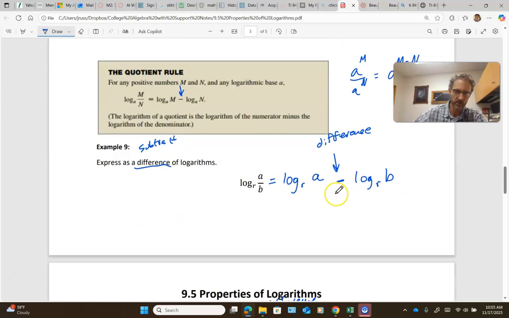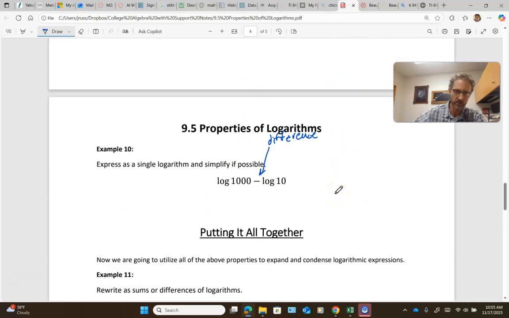So now we're starting out with a difference of two logarithms, and we can condense this down to just one logarithm of the quotient of these two arguments. In other words, the 1,000 becomes the numerator of my quotient, and the 10 becomes my denominator.